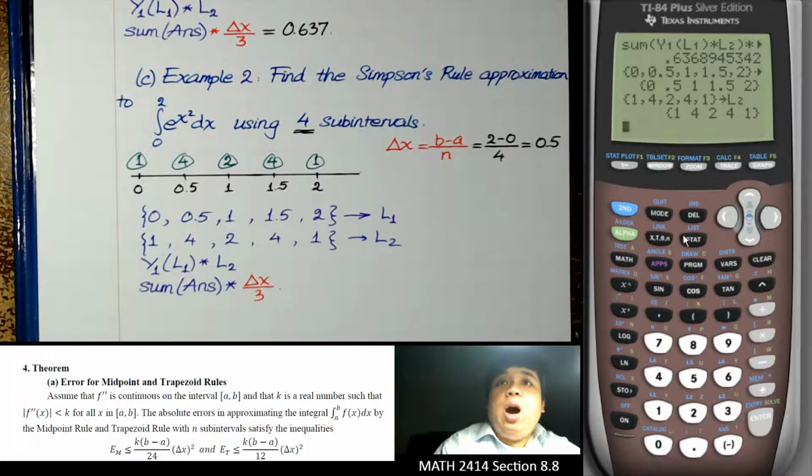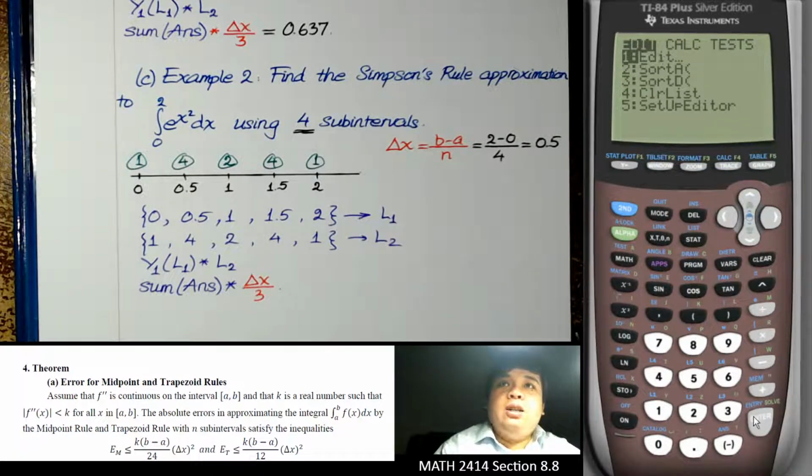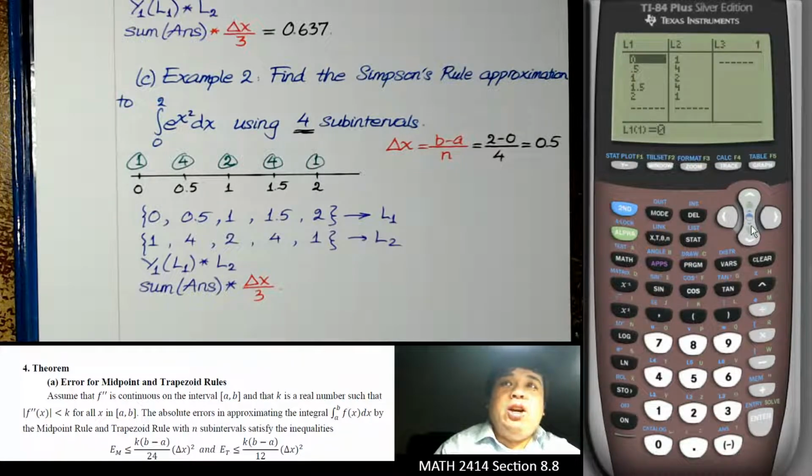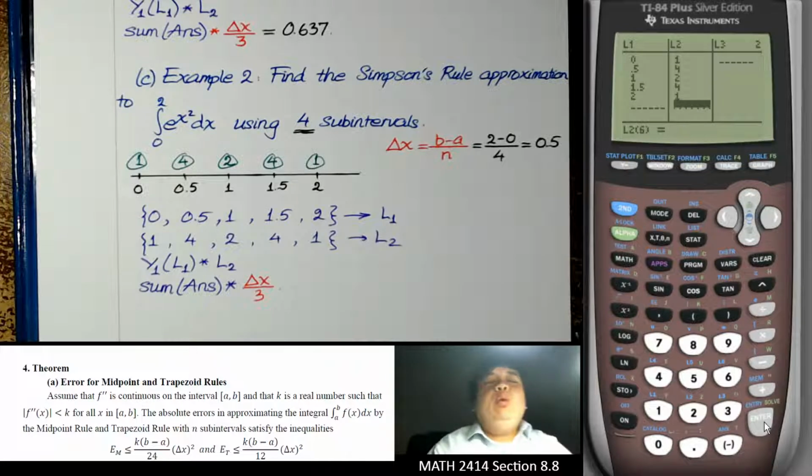By the way, as mentioned before, we can always hit stat, edit, and then we can change the numbers here. If we want to clear a list, highlight the list, hit clear, and then enter. And then we enter 1, 4, 2, 4, 1. So we can enter the list directly into here.